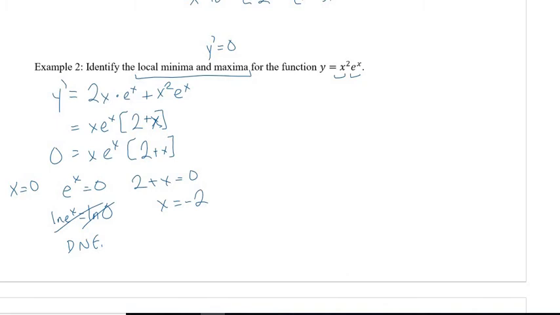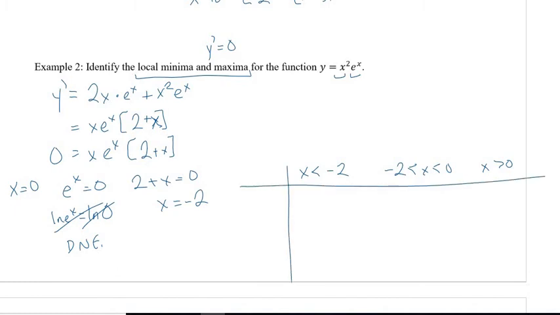So just like before, we're going to make a factor table to help us out here. We said that we're going to have a region to the left of -2, and then -2 to 0, and then x greater than 0, everything to the right of 0.